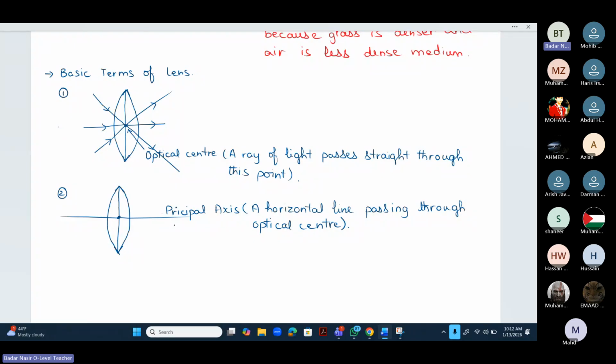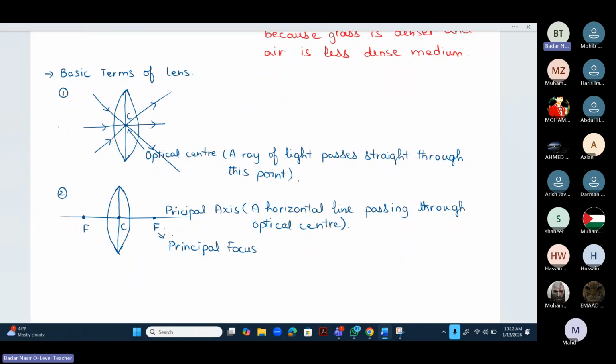Okay, so we have the principal axis now. Now, what is a focus? Principal focus. Now, the principal focus is a point; we have a principal focus on both sides of the lens, and we denote it with capital F. This is the optical center, which we denote with capital C, and we denote the principal focus with capital F. So this is a principal focus.